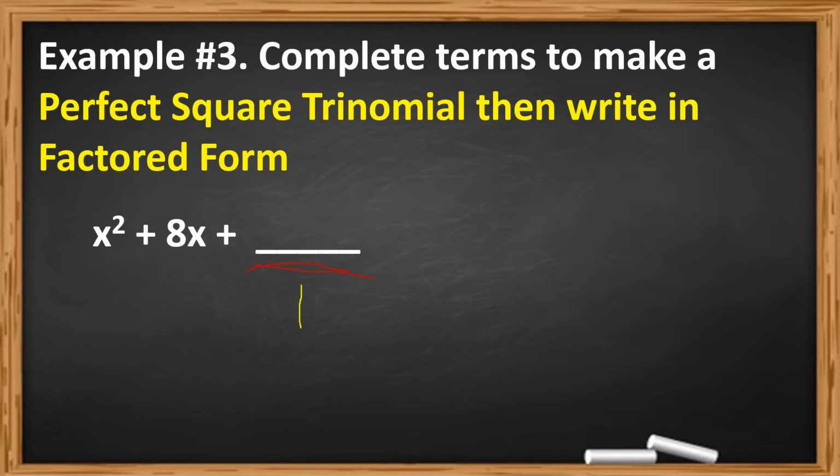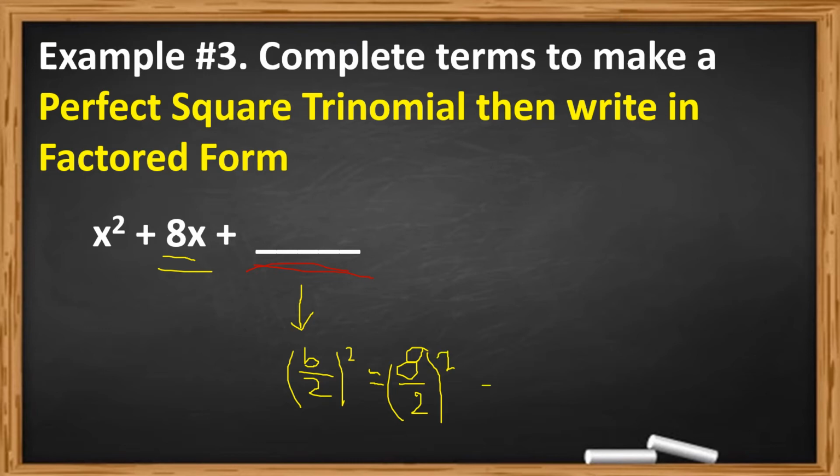Napakadali, no? So, sundan nyo lang yung formula na b over 2 quantity squared. Ano yung b? B stands for the numerical coefficient of our middle term here. So, in this case, b is 8. So, we have to replace b with 8, then over 2, then quantity squared.